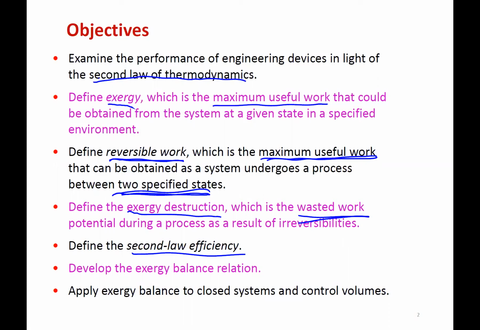That's looking at ratios of energies, but we're not bringing in the second law, and the limitations we have because of S gen, entropy generated. Or think about a heat engine. You have Carnot being your maximum. You can't go above Carnot's efficiency, so you're not limited to 100% thermal efficiency in a heat engine. You're limited by the Carnot efficiency. So the second law efficiency brings that in, okay?